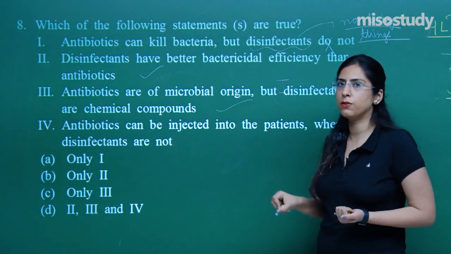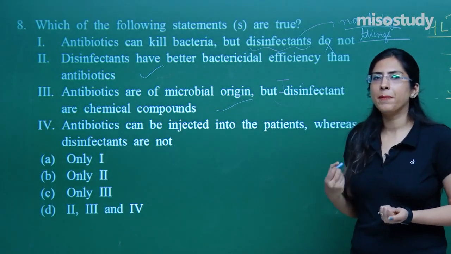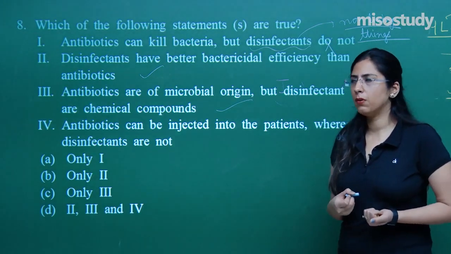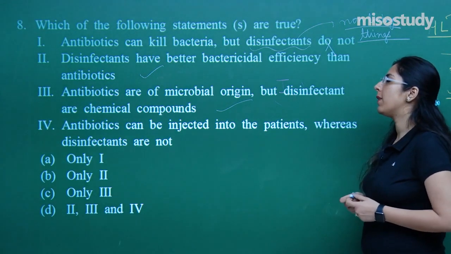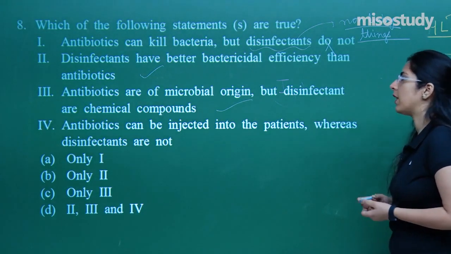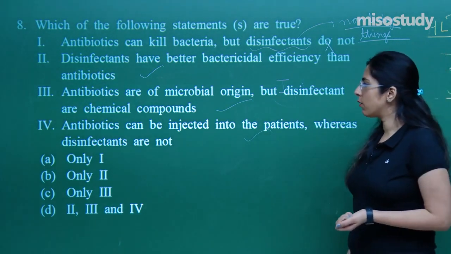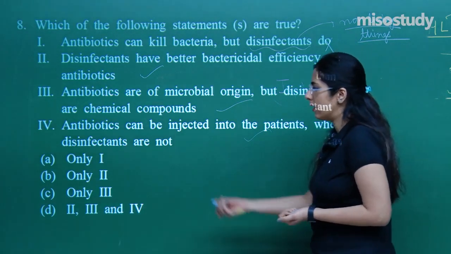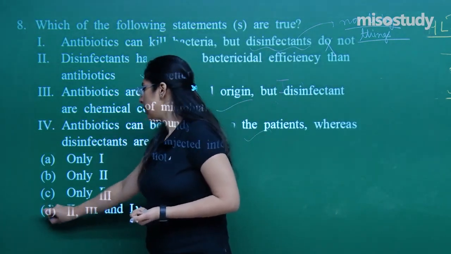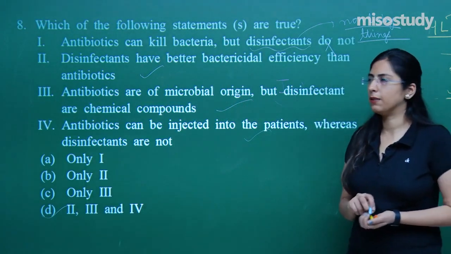This option is also right, because we have already studied that antibiotics are produced from microbes only. The fourth, antibiotics can be injected into the patient, whereas disinfectants cannot. Yes, this is also a right option. So let us look for the option in which the second, third and fourth statements are correct. The correct option is D. For question number 8, the correct option is D.